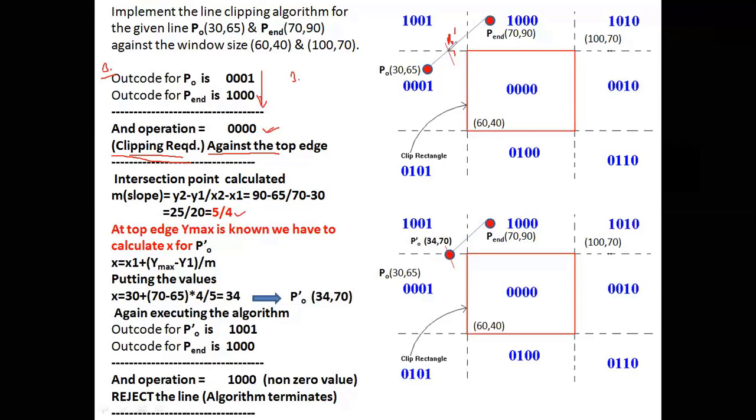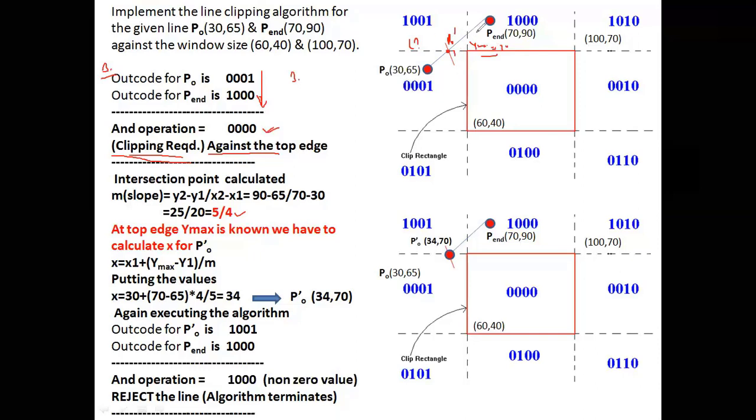Okay, now I know that if you can see within the figure, this is y min and this is y max. And what is the value of y max? That is 70. Here at this point, you do not know x.